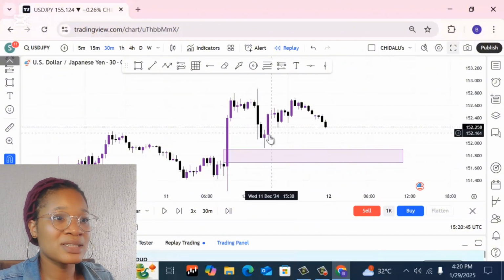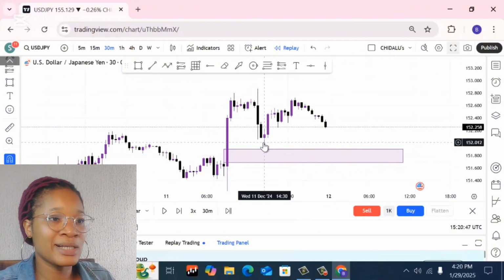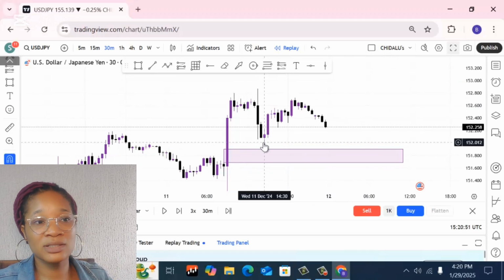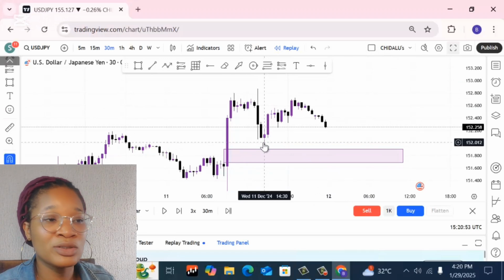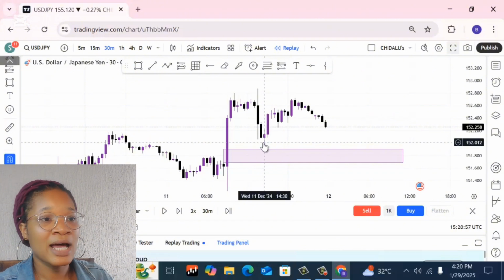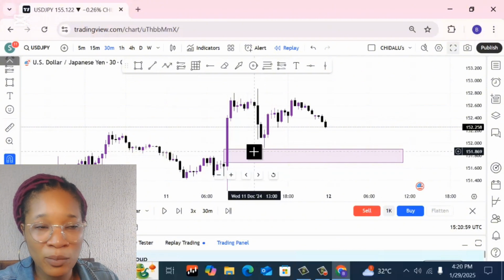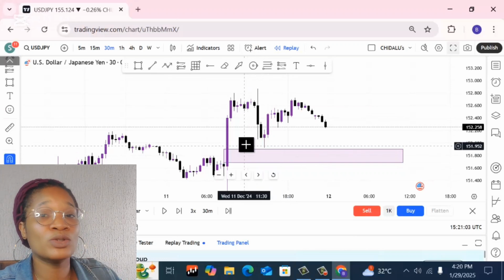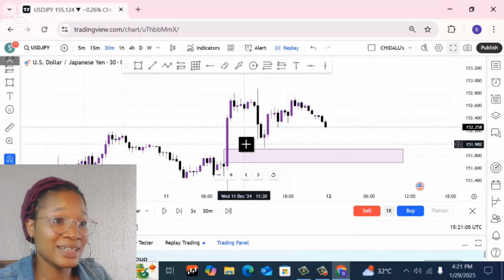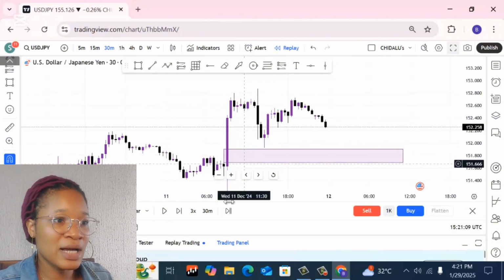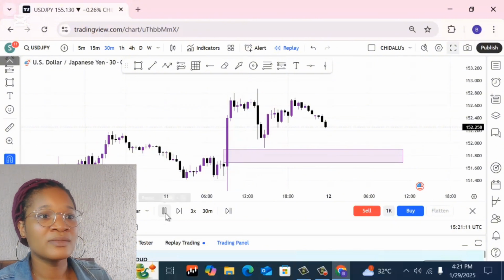But most times I see this as an inducement or an engineered liquidity, a way for the market movers or the market makers to lure or induce retail traders. They will force you to buy early, right? And then they come back again and take your stop loss out. After taking it out, price will then proceed towards the original direction which you actually wanted to trade before. So it happens all the time. We see this all the time.